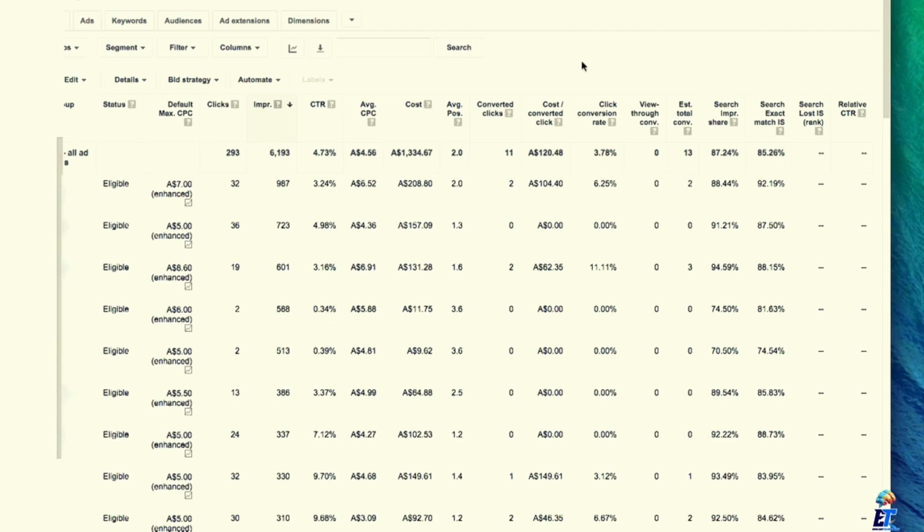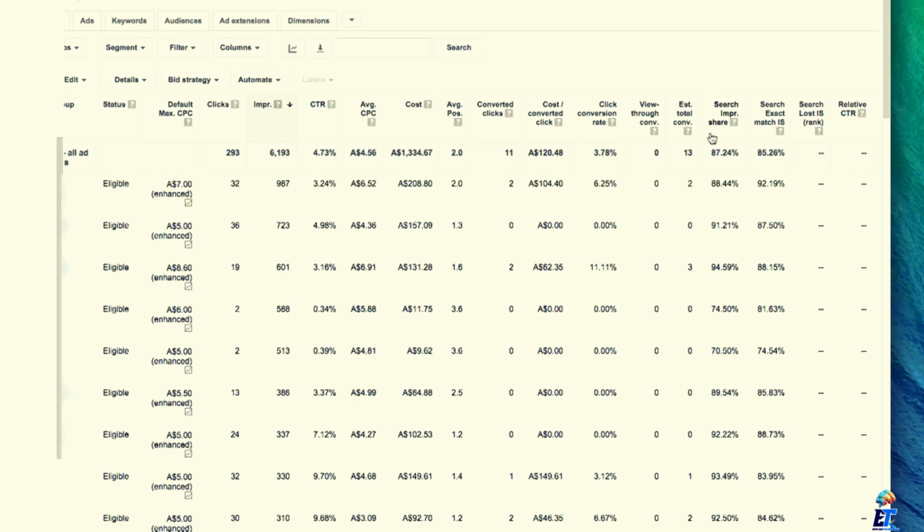Because the profitability of each keyword is going to be different, and each ad group is going to be different. And as you can see here, I have different bids for different ad groups. So it's really about knowing your account well, and the profitability that your client needs to get, to work out the best bid.